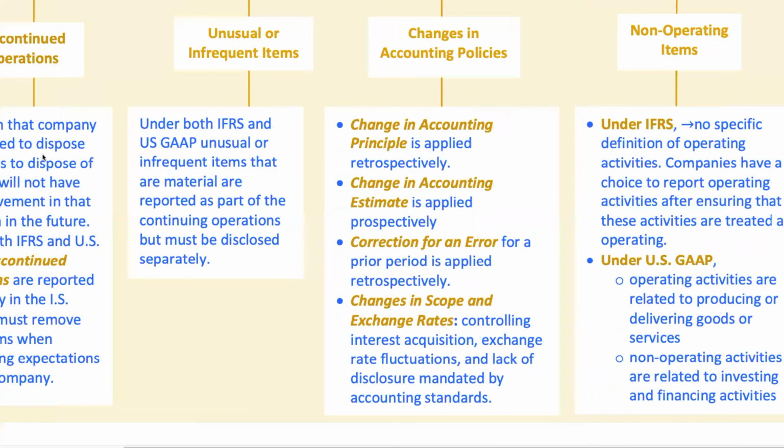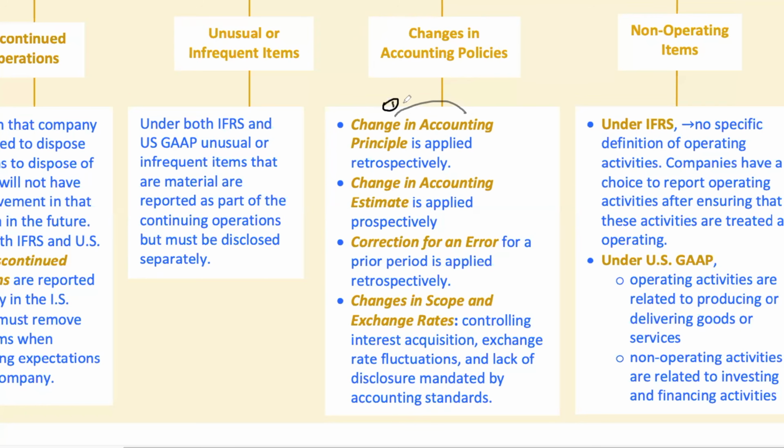Now, let's discuss changes in accounting policies, estimates, and errors. This is crucial because it directly affects how we analyze and interpret a company's financial statements. First, let's talk about changes in accounting policies. This happens when a company switches from one accounting method to another, like moving from FIFO to LIFO.